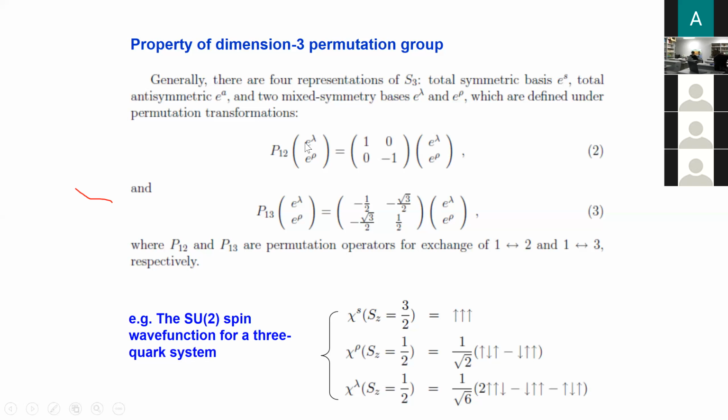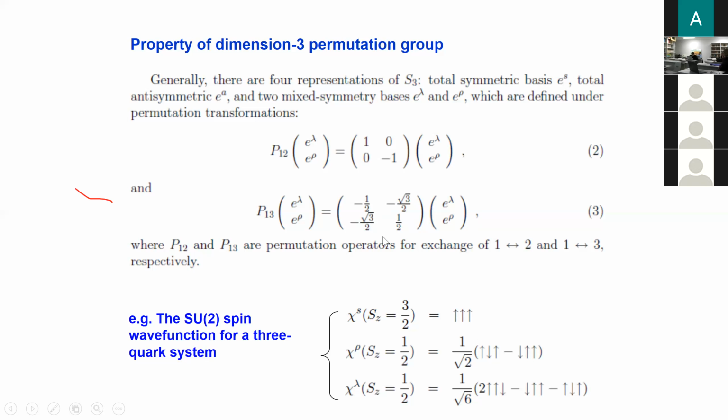they have the eigenvalue for lambda type of 1, therefore it's symmetric. For the rho type, when you interchange the first two particles, there will be a sign coming out. Therefore, the wave function is antisymmetric. But if you interchange 1,3 or 2,3, you will find that you don't have an eigenvalue coming out, because the operation of this operator on any one of the states will change the state to be a linear combination of these two representations.